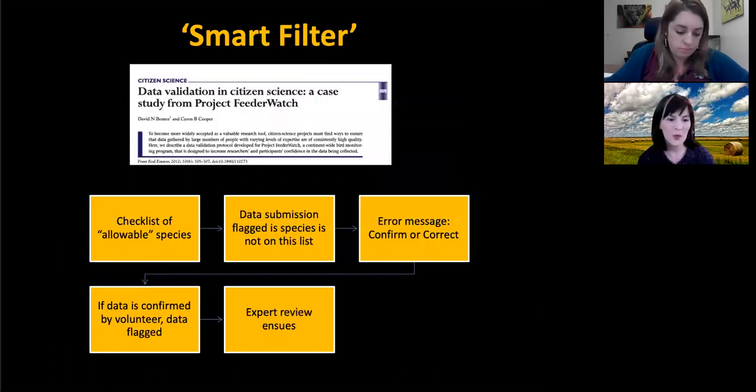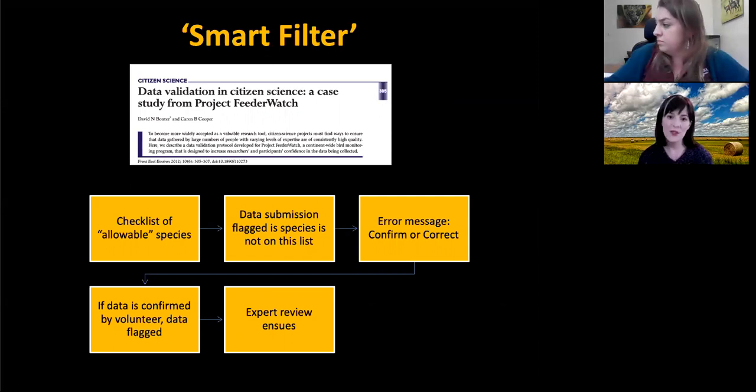Another example I wanted to bring up is a SMART filter. This was brought up in this particular paper, Data Validation and Citizen Science: a case study from Project FeederWatch. They actually had software that they were able to create, but for monitoring birds throughout the country, they created checklists of allowable species in different geographical areas.